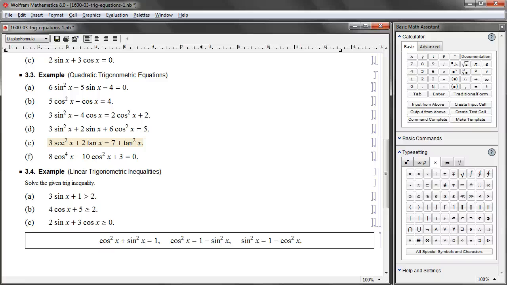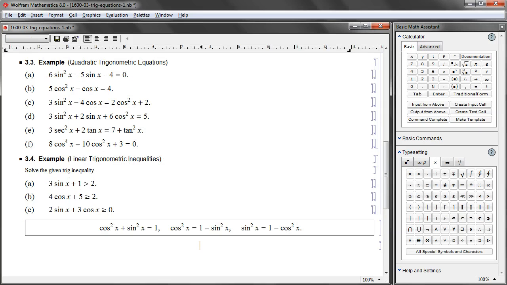Well, we just saw that sine squared and cosine squared are interchangeable by this formula down there. And do recall that secant squared and tangent squared are interchangeable as well. We have this formula.